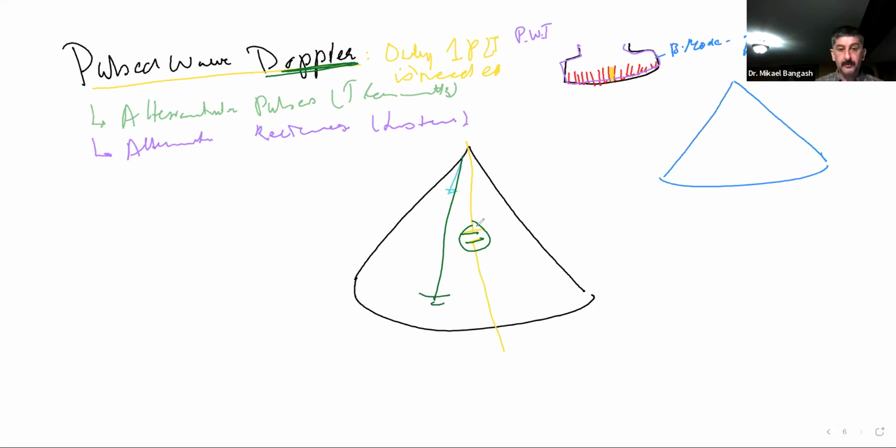You will be able to move this area around, which we'll call the sample volume. You can physically maneuver it around your image.